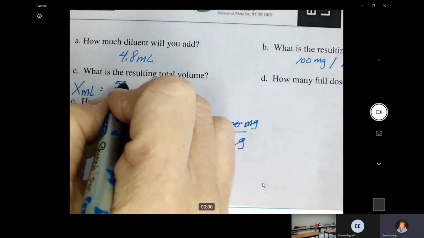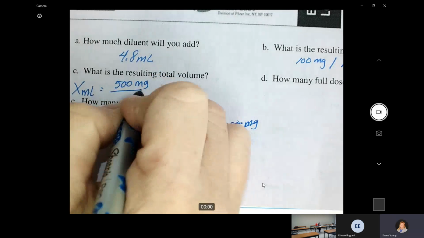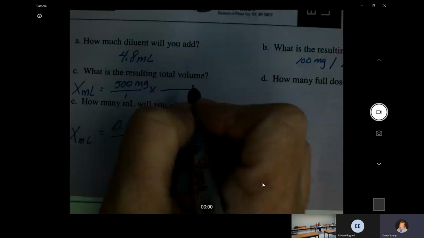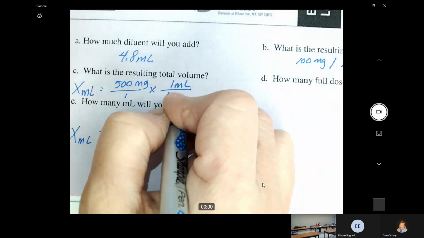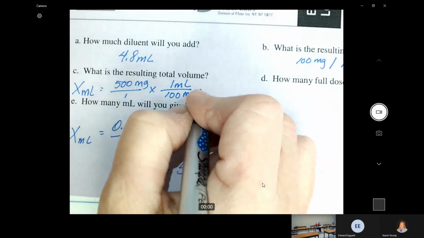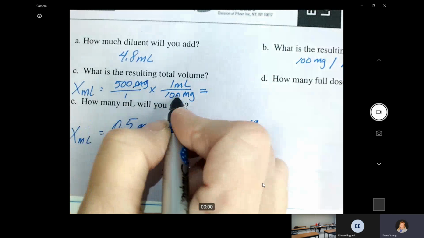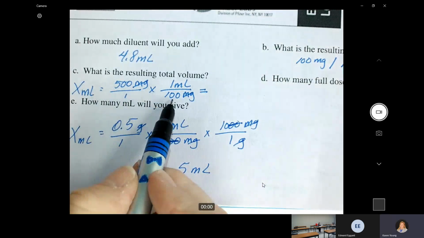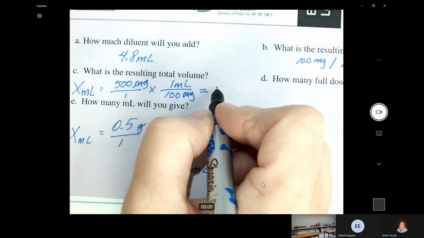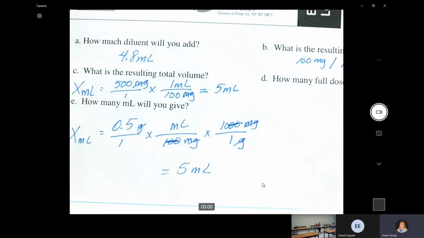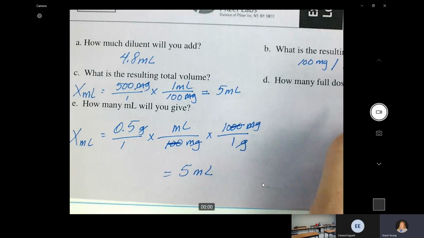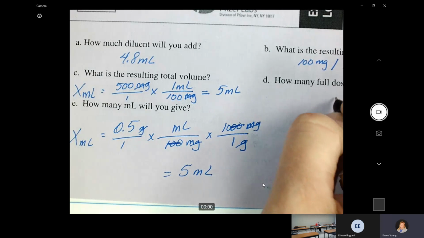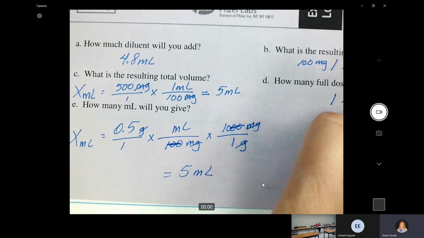It's my total medication over 1 times my supply dosage, the form over the strength. So my milligrams cancel. 500 divided by 100 is the 5 milliliters. So I'm going to have just enough, right? So I'm going to have 1 full dose.